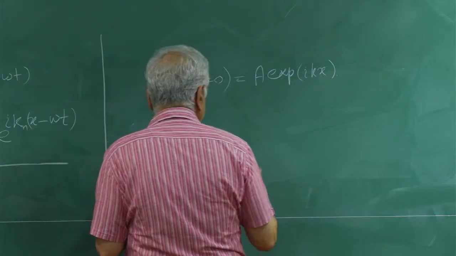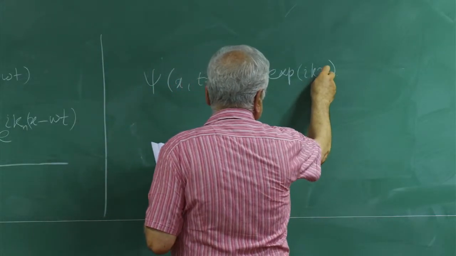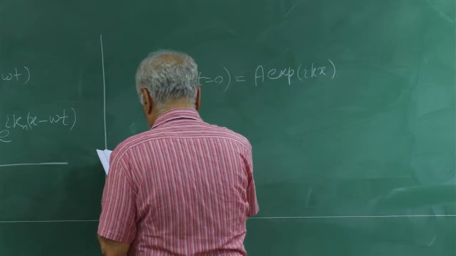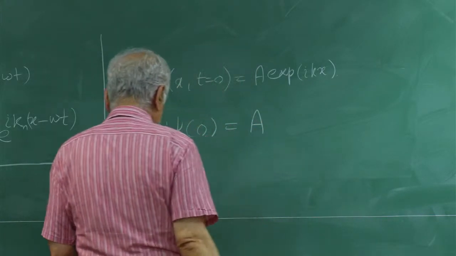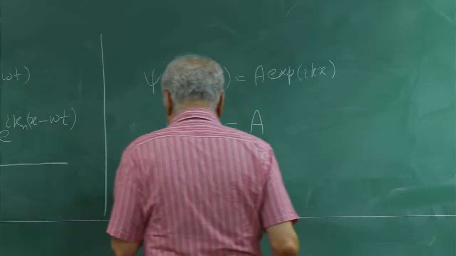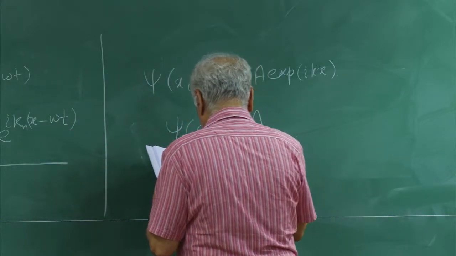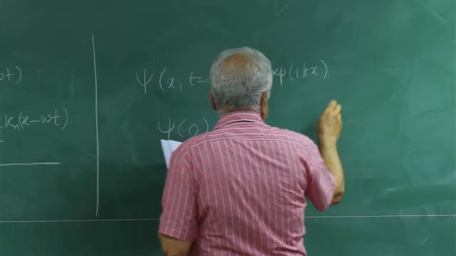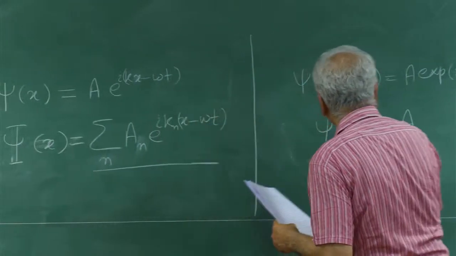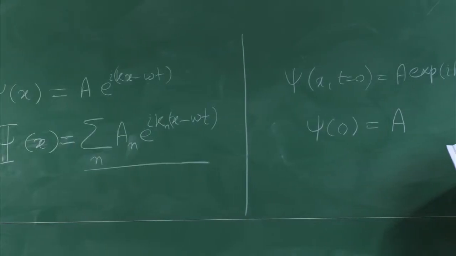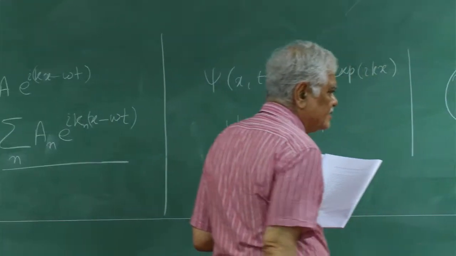So at the origin, that is when x equal to 0, my ψ0 is equal to A. Now from this I want to find out what is the wavelength of this pattern.